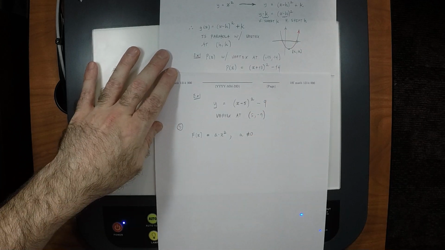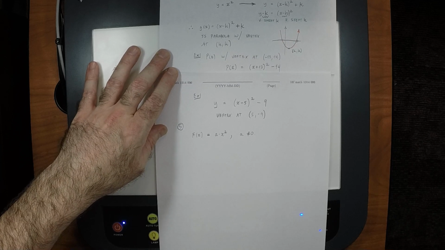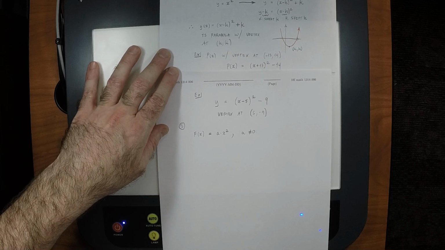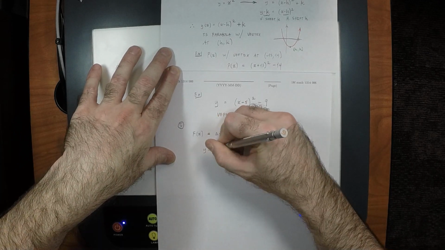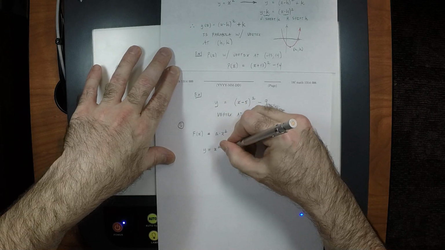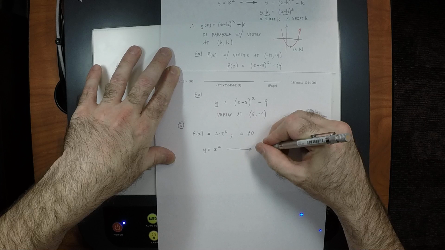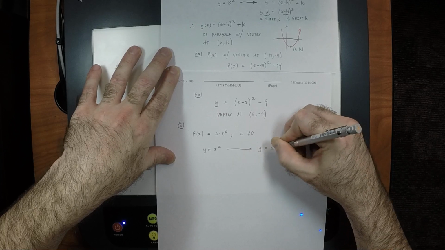So now this isn't a shift because we're doing some kind of multiplication. So it's not a shift. So it's some kind of scale. So what I'm asking is, what is occurring if we start with the standard quadratic, and we do this? Y is a multiplied by x squared.